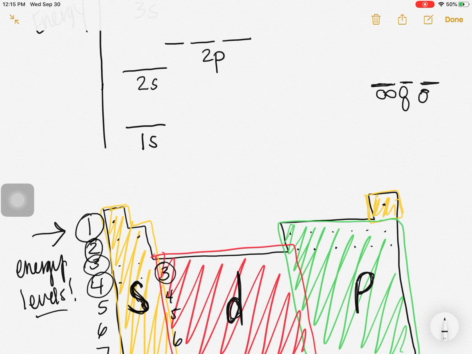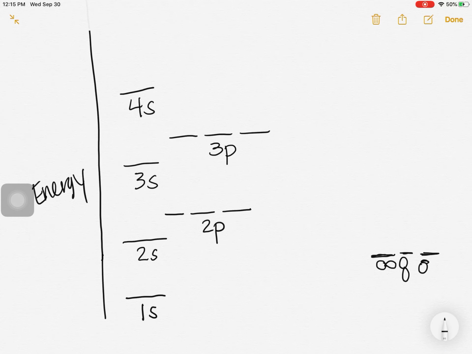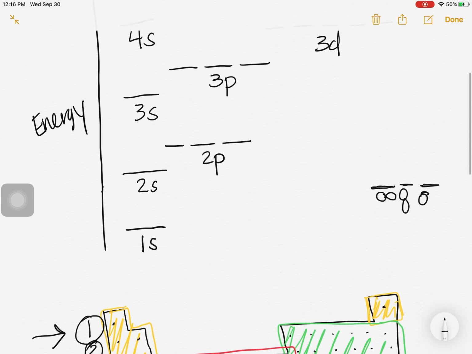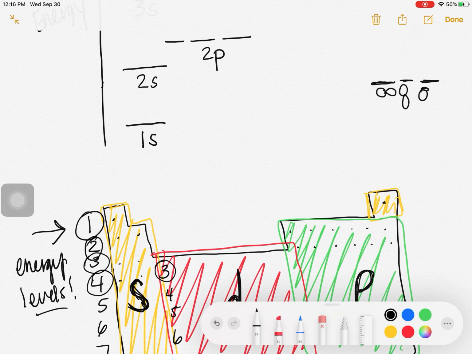And so the 3d is actually in the third energy level, okay? But the 4s and the 3d are so close in energy that's how come they appear to be switched on the periodic table. So, and then we could keep going, but I don't really want to, and plus I would run out of room eventually. But I want to draw your attention to something, and that is this.